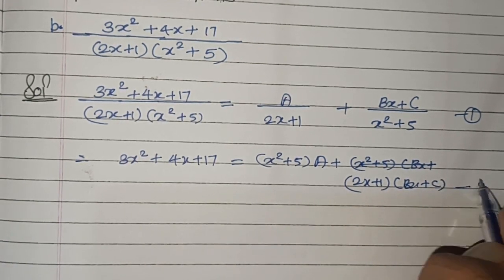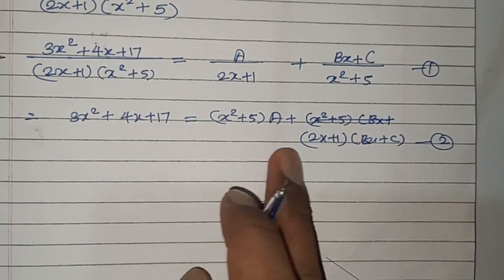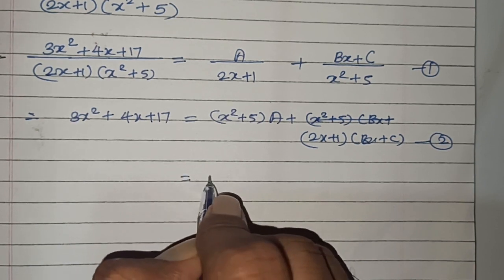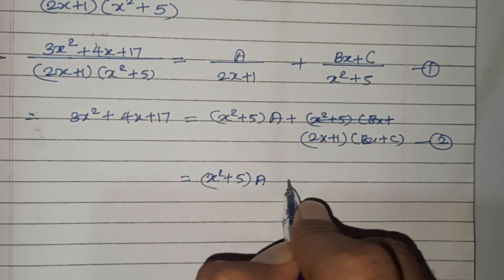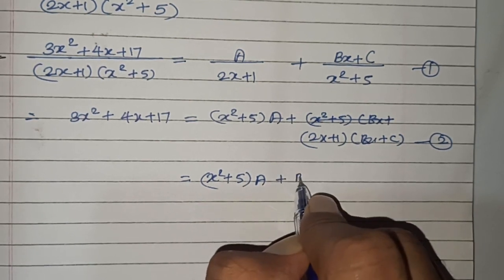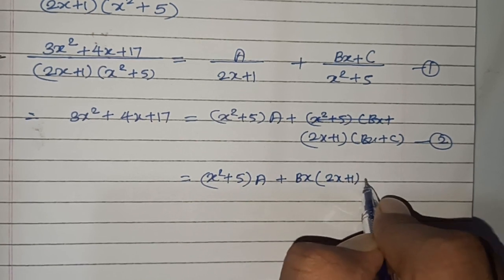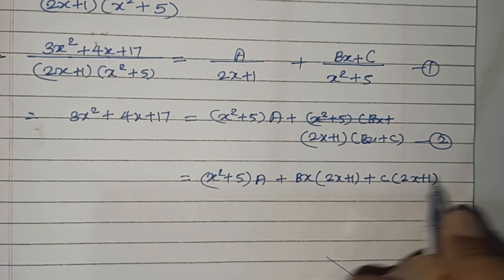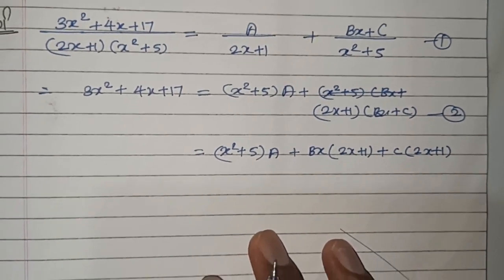Call this equation number 2nd. Okay, and find out the values of a, b and c. We can write it as x square plus 5 into a plus bx into 2x plus 1 plus c into 2x plus 1. Now it is easy to find the values of b, a and c.